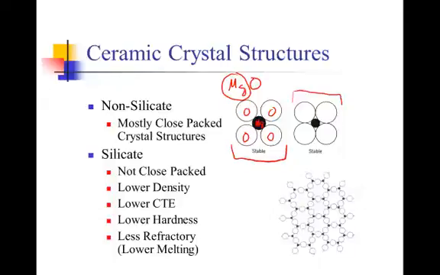In contrast, though, the silicate structures are not close packed at all, and this will affect their properties. This will be important. But to give you an orientation, these white looking balls down here are oxygen anions, and the small black balls are silicon +4 cations, and each silicon cation will be surrounded by 4 oxygen anions.